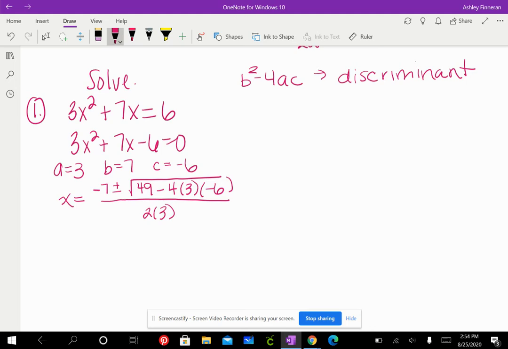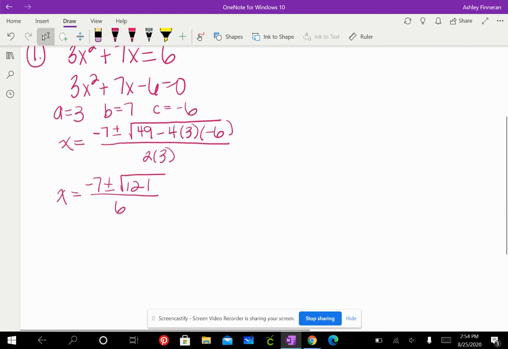So it's 49 plus 72, and we get 121. So then I have x equals negative 7 plus or minus the square root of 121 all over 6. And I hope right now you're noticing something. The square root of 121 is a nice, pretty integer. Square root of 121 is 11.